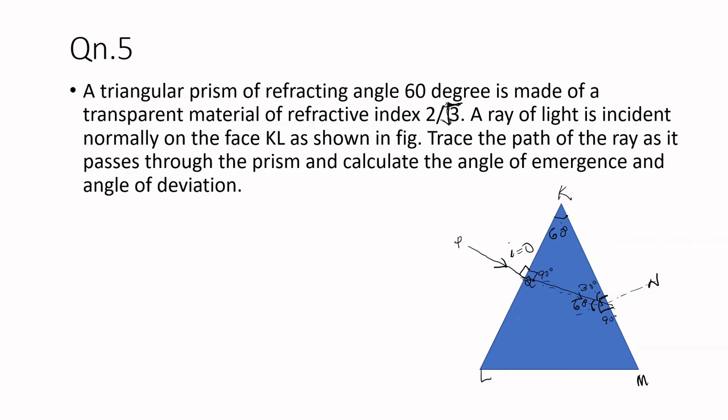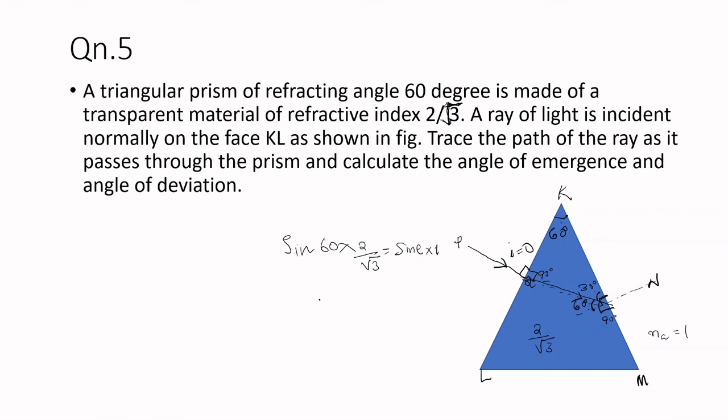This material has 2 by root 3 as the refractive index, and over here it is air, which has refractive index 1. So again at KM we will write Snell's law. Snell's law says sine of angle of incidence, that is sine 60, into the corresponding refractive index 2 by root 3, is equal to sine of angle of emergence into the corresponding refractive index, that is 1.